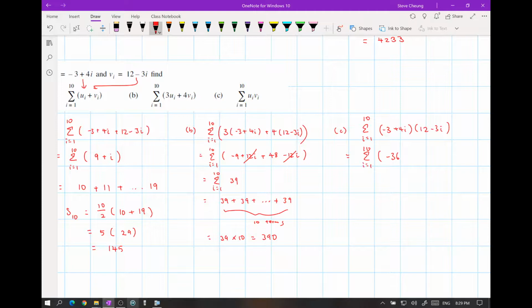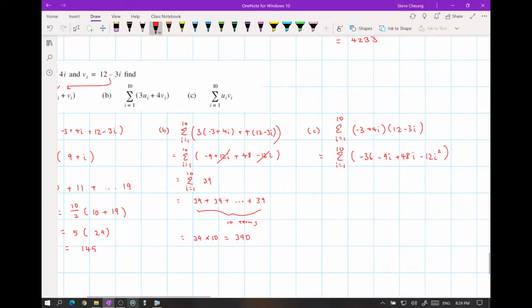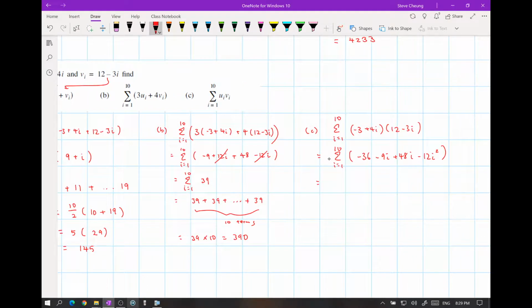First term, outer term, inner term, last term. So we can only group the middle two terms. Okay. Unfortunately, this is not an arithmetic sequence.